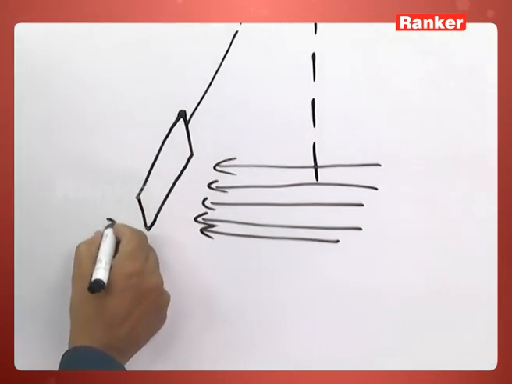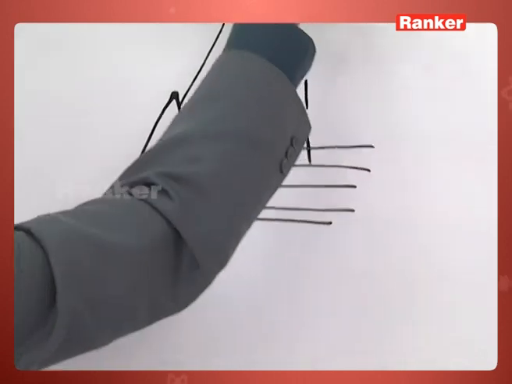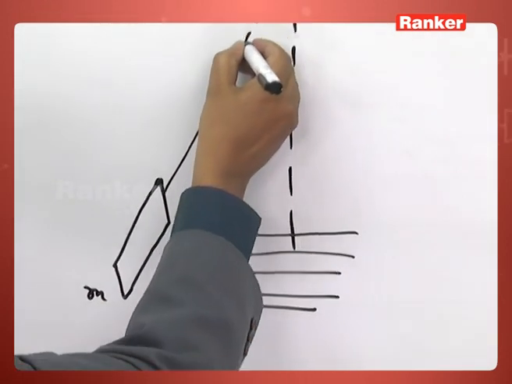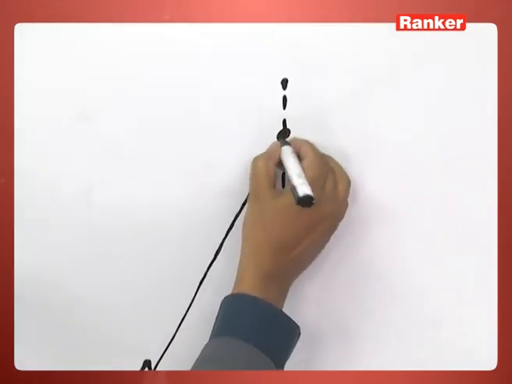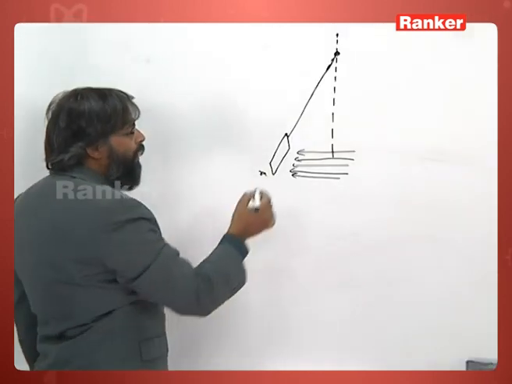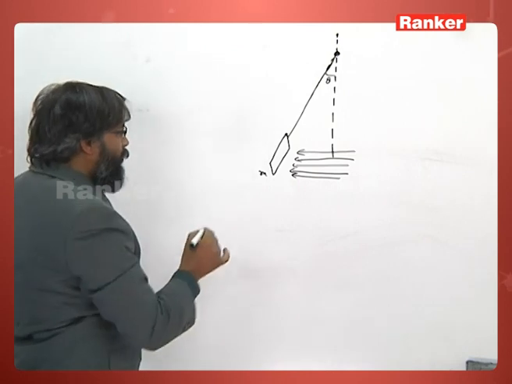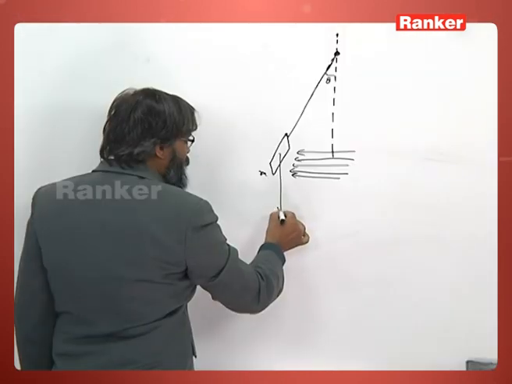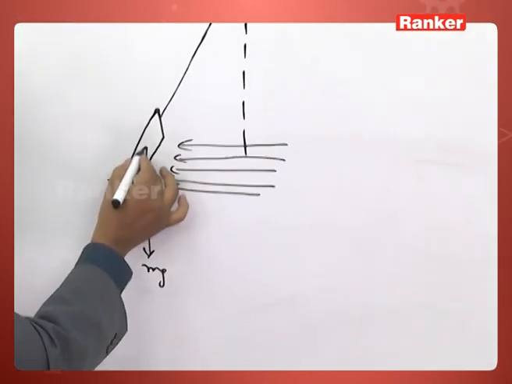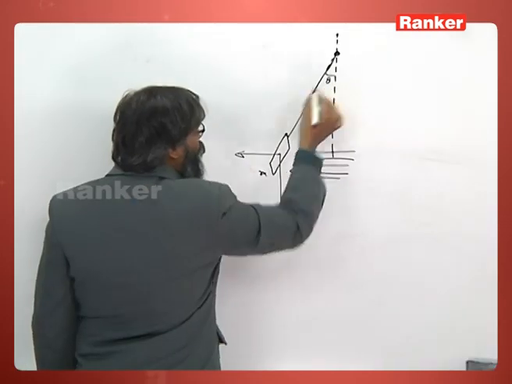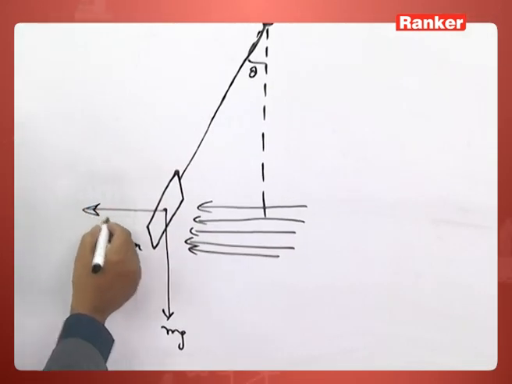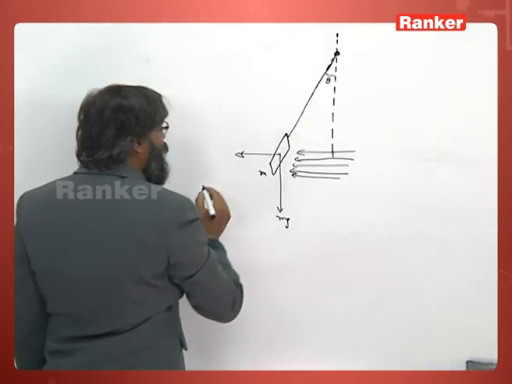This plate has a mass m and it is hanging from a massless thread which is fixed at a point. We want to know the thread deflection angle theta. So its weight mg is there, and this angle theta is so small that we can assume it nearly equal to 0.